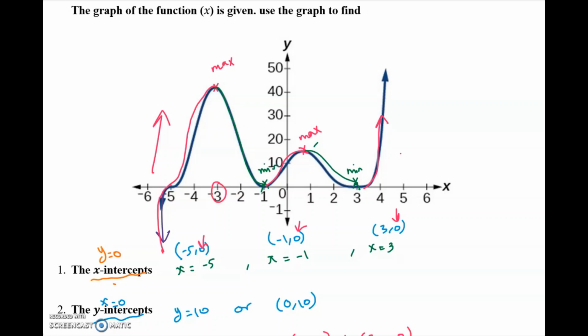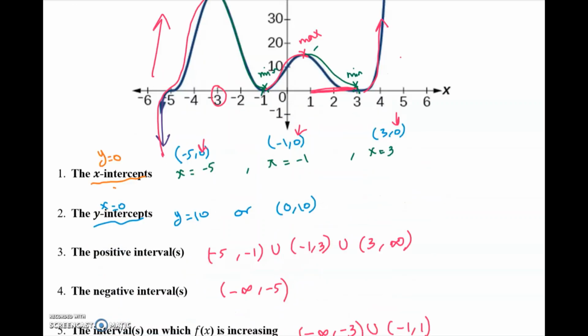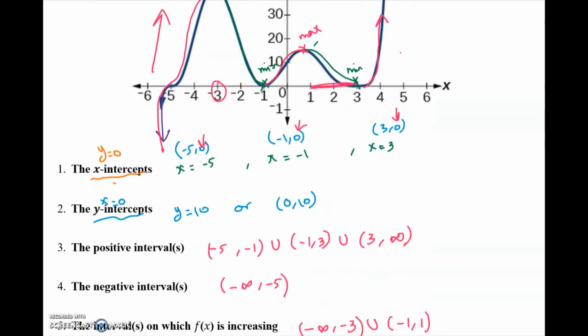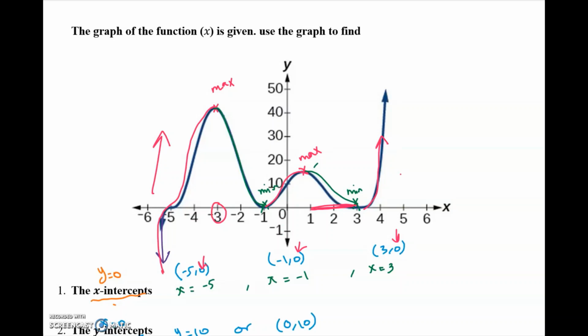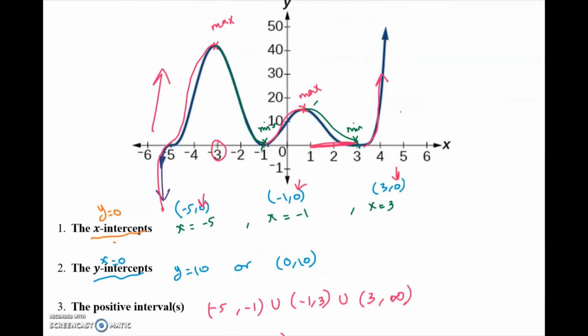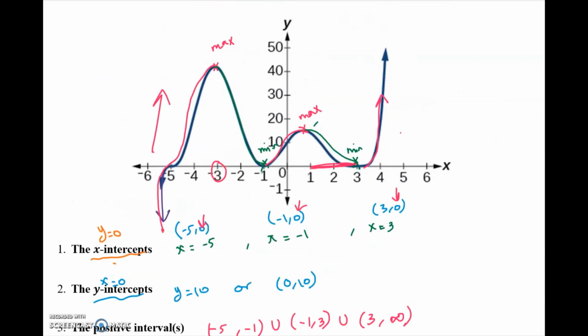And then decreases from 1 all the way to 3. So from 1 to 3, it was decreasing. And then finally increases from 3 all the way to infinity. That's the increasing and decreasing intervals.